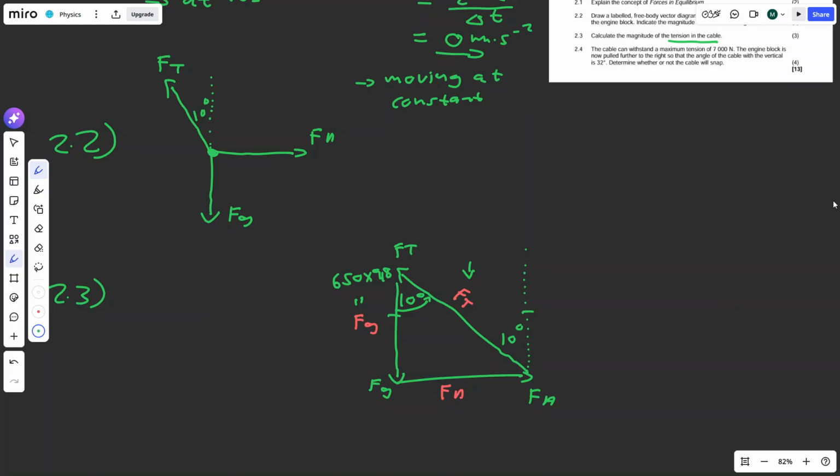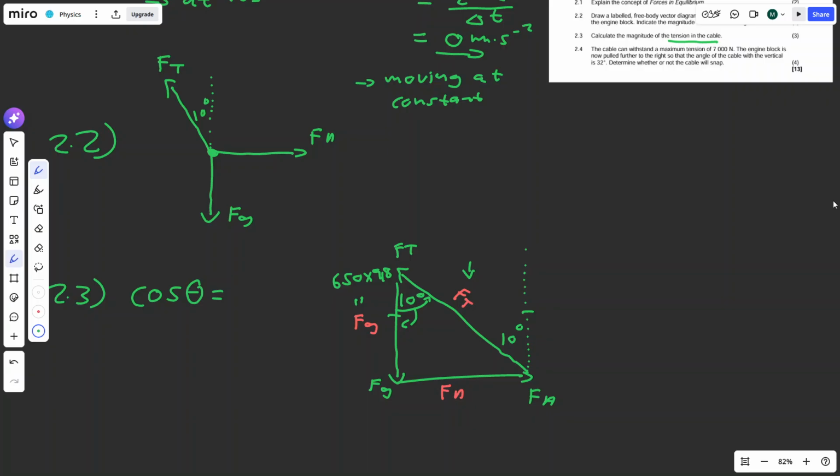So relative to this angle here, that part is adjacent, and then the hypotenuse is our tensional force. So we can actually use cosine. So cosine of theta, where theta here will be this 10-degree angle. So cosine of theta is simply what?